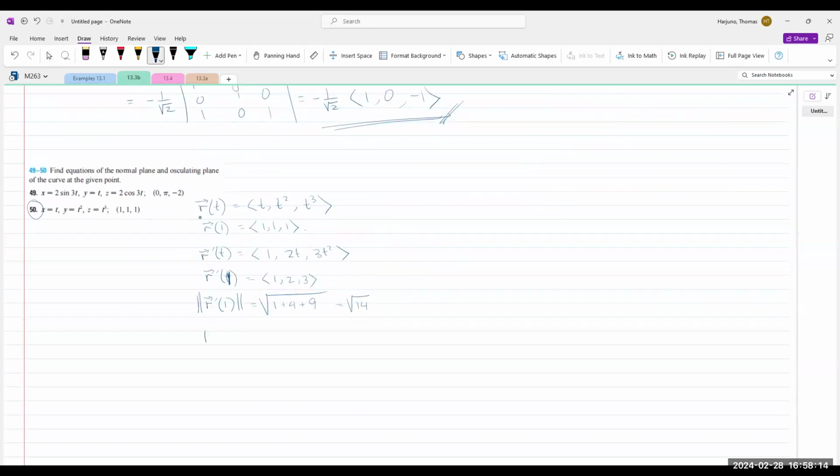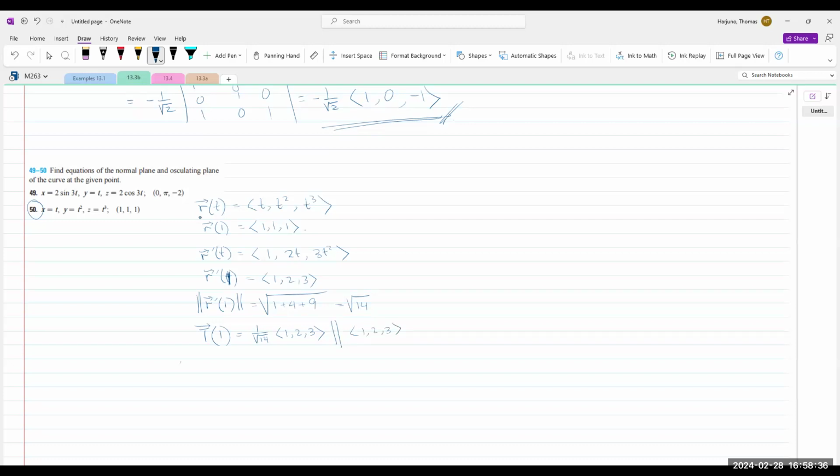So the unit tangent vector at time 1 is 1 over square root of 14 times 1, 2, 3. Now notice that this is actually parallel to 1, 2, 3. Is that right?